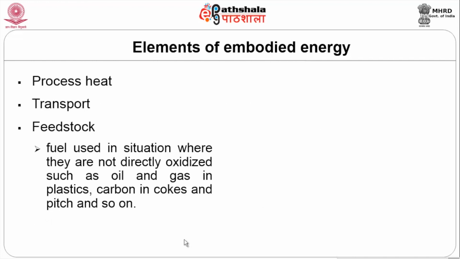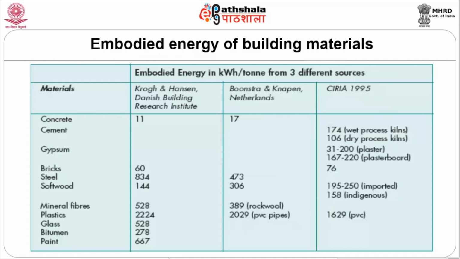Processing the heat, transporting the materials and fuel used in situations which are not directly oxidized, such as oil and gases in plastic containers or carbon in cokes and so on. Energy in terms of capital equipment for our countries. The embodied energy for concrete results in 11 kilowatt hours per ton.